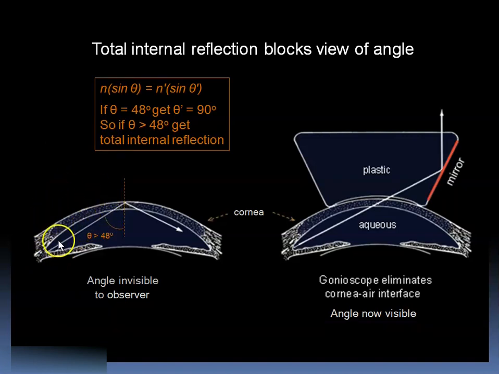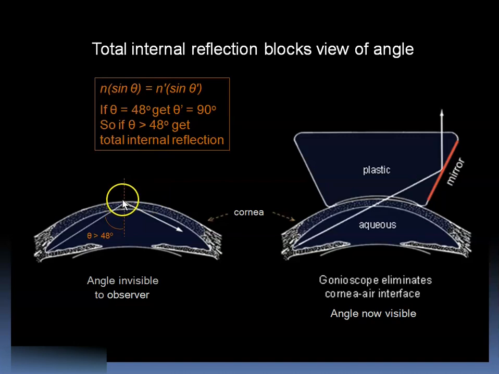If light is originating in a medium of higher index of refraction, as it is in the angle of the eye, moving through the aqueous and cornea, and trying to exit into air, a medium of lower index of refraction, one would expect that whatever angle is in the higher index of refraction, the light will be bent away from the normal such that its angle will be greater than it originally started as.